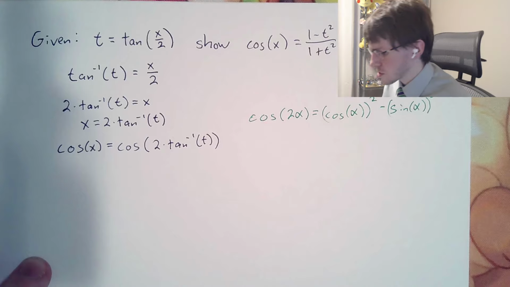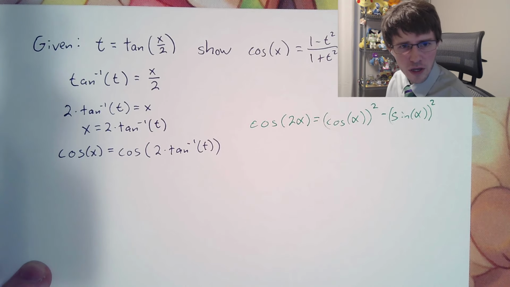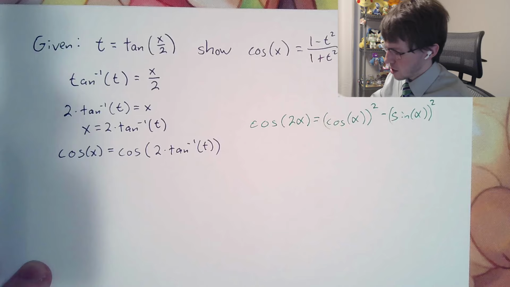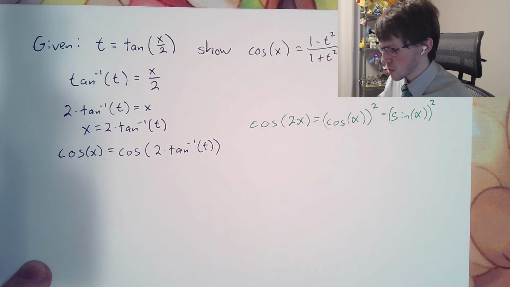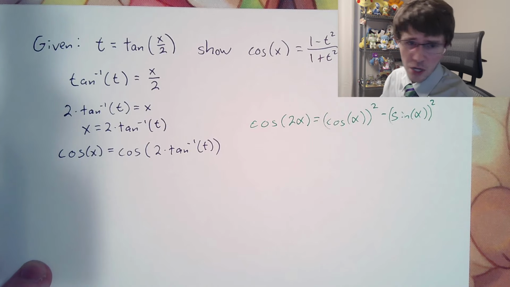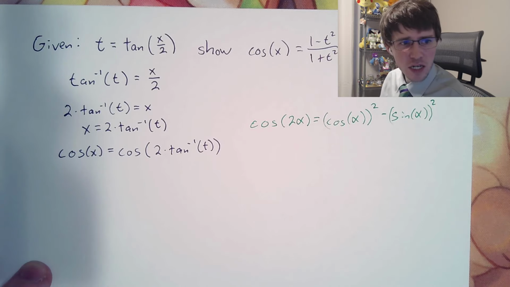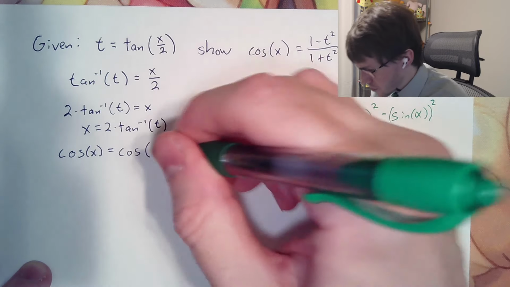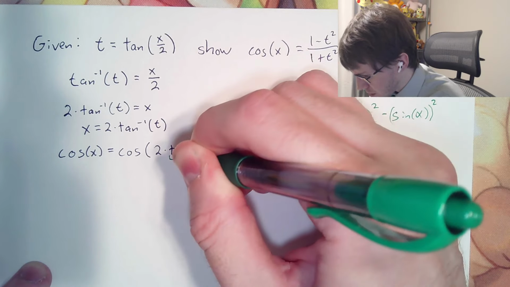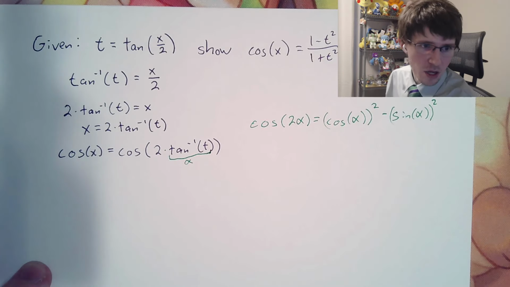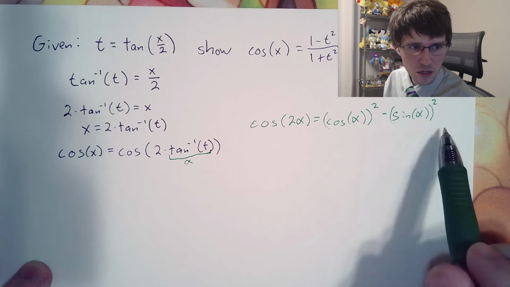You can verify this using a couple different angles on your calculator, or you could see one of those proofs, or maybe I'm going to have to make a separate video to do a proof of this. But for this problem, we're just going to assume that this is a true statement for any alpha value. And now, basically, this right here is going to be our angle alpha, and we're just going to plug it into this thing.